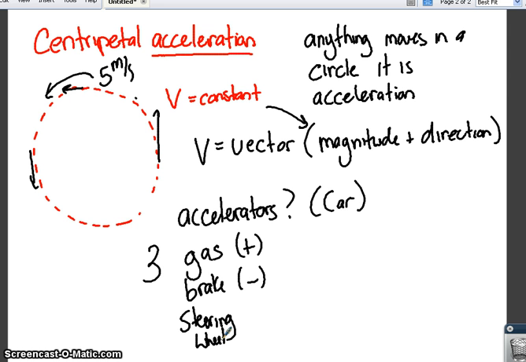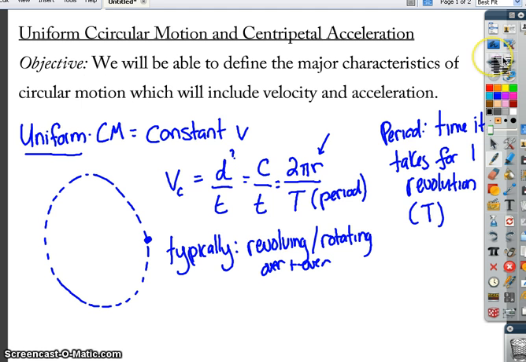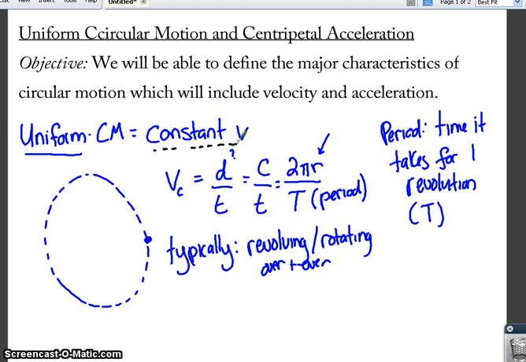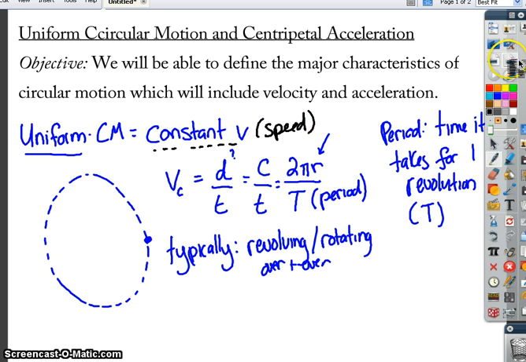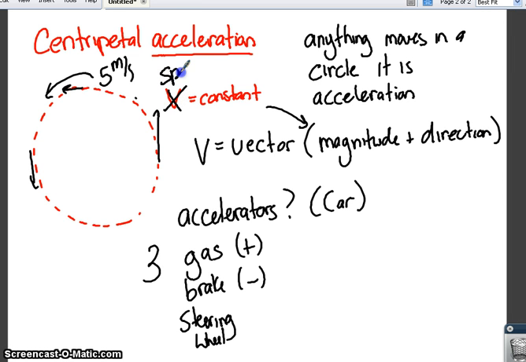So already, going back one here, constant velocity really isn't even a true statement, because it's really constant speed. We have constant speed around the circle. Over here, cross that out: speed is constant, but the direction is changing. Okay, so centripetal acceleration is anything moving in a circle.